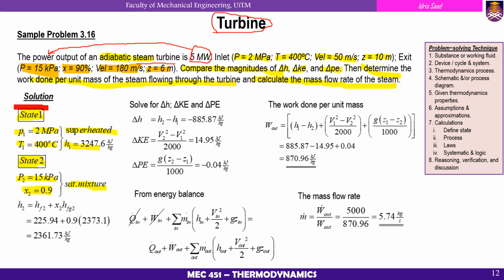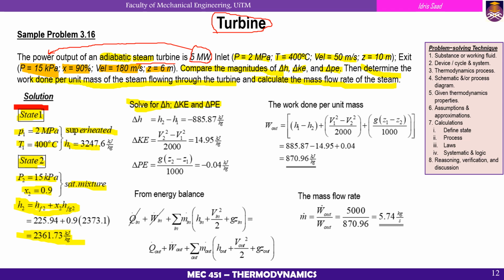From this, we can calculate the value of H2 by using the equation H2 equals Hf plus X2 times Hfg, at 15 kilopascal. Then we put in all the data, and we get H2 equal to 2361.73.